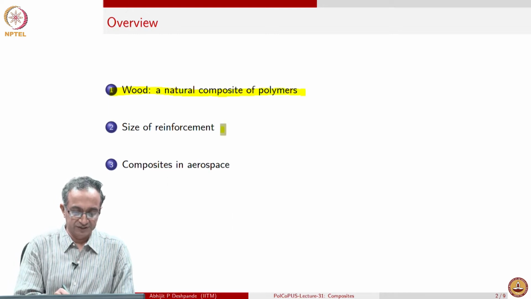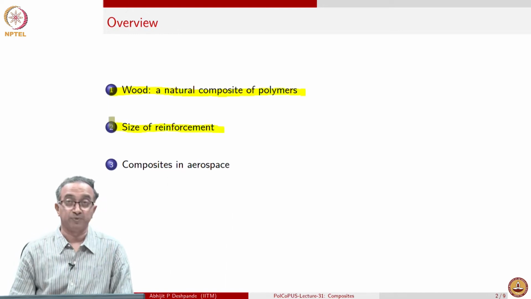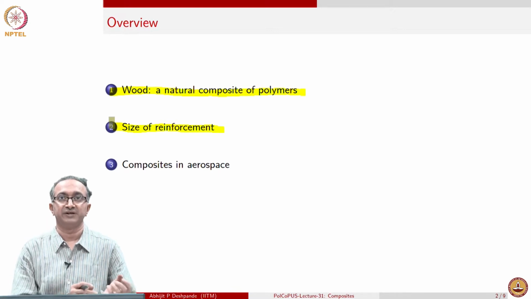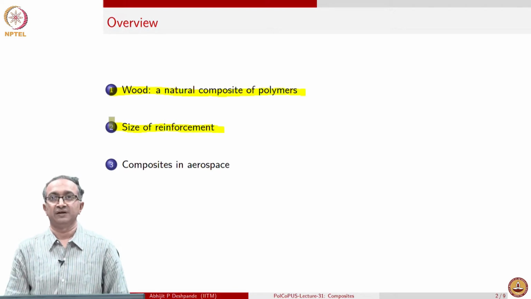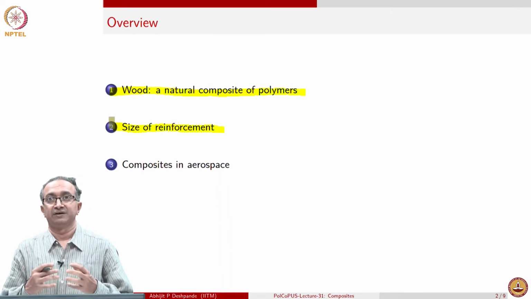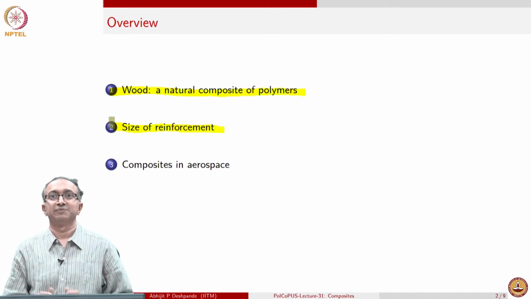And one of the key issues in terms of composite making is the size of the reinforcing component, from a small particle or even a nanoparticle all the way up to continuous fibers and fabrics, and even what's called three-dimensional preforms, where the reinforcement is put together in a three-dimensional form.